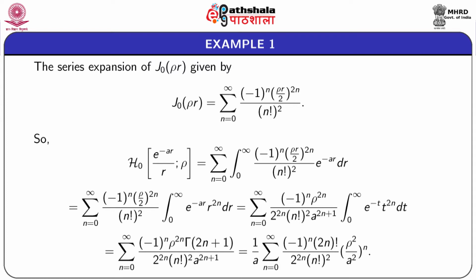Now, this integral can be written in terms of gamma function, that is gamma(2n plus 1).